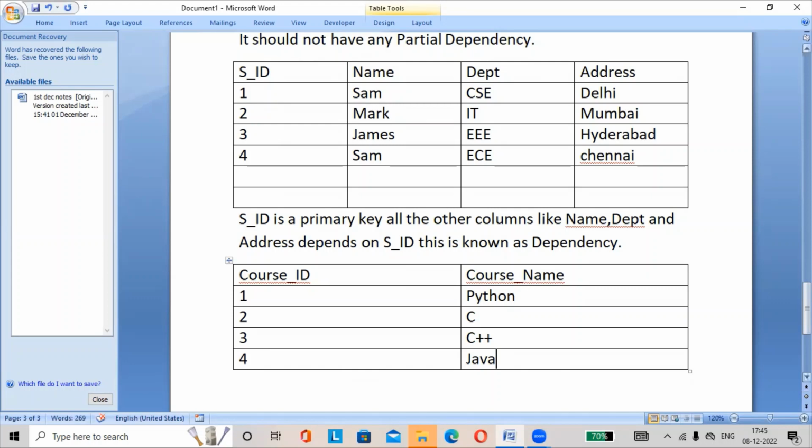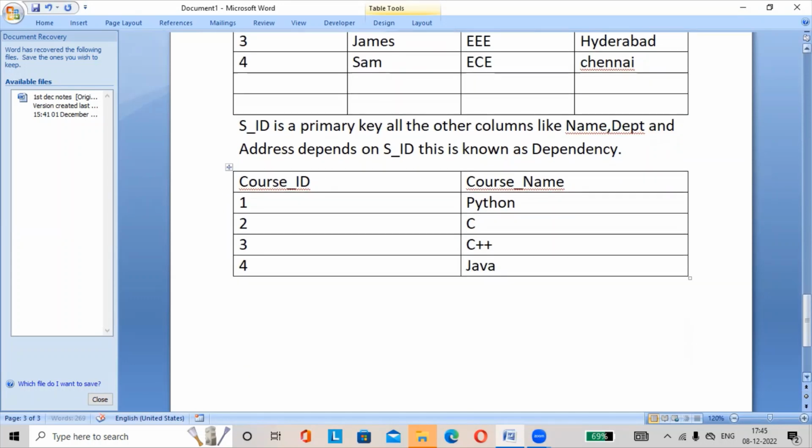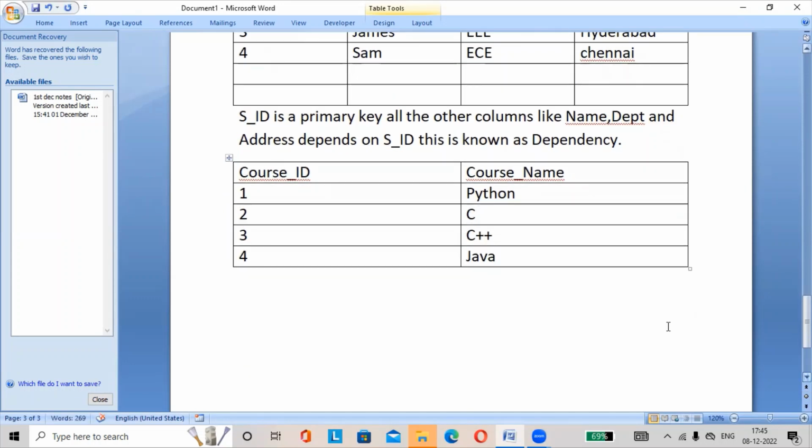What are we doing here? We are creating a table by the name course. It contains two columns, course ID and course name. First course name is Python, second is C, third is C++, fourth is Java. Is it clear till here? Which is the primary key in this table?